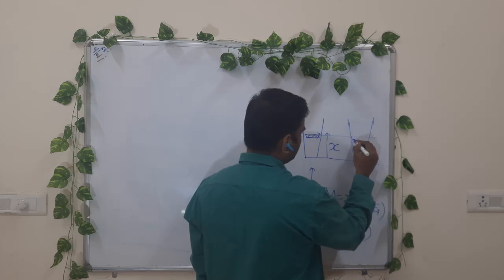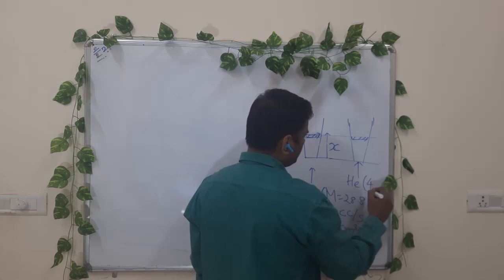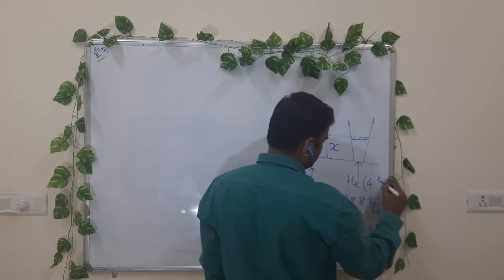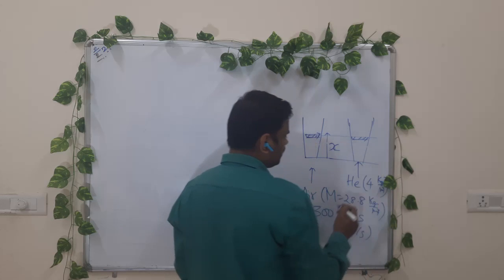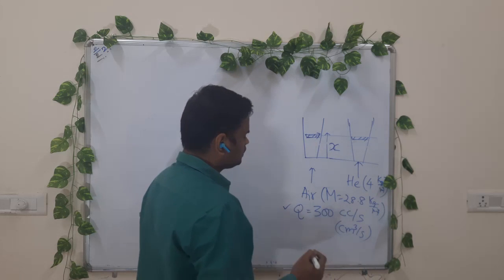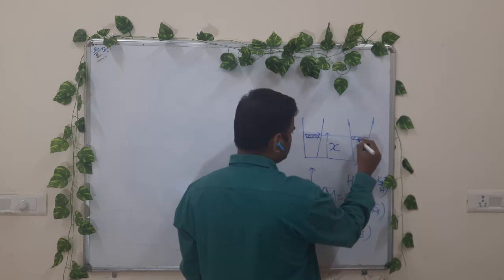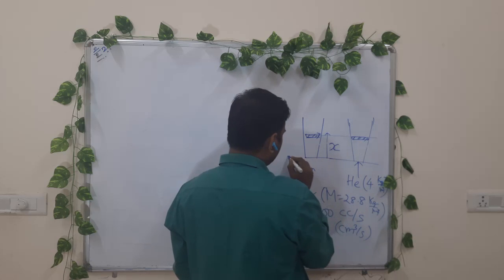We know helium has a molecular weight of around 4 kg per meter cube, and we want the float to be at the same position, at distance h from the bottom.